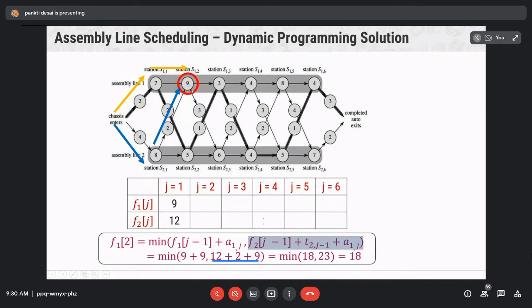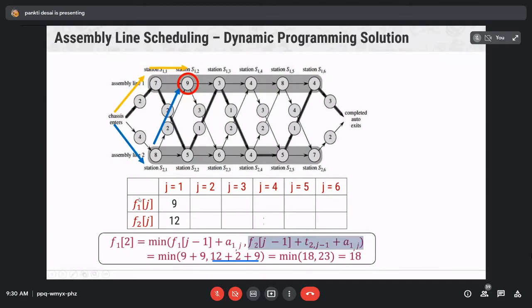So to reach station S12, if you follow assembly line 1, the time required is 18. And if you follow assembly line 2, the time required is to reach the first station of assembly line 2, then transfer from line 2 to 1, whatever time that takes, plus the processing time at station S12. So the total time is 23. Which is minimum? Assembly line 1.